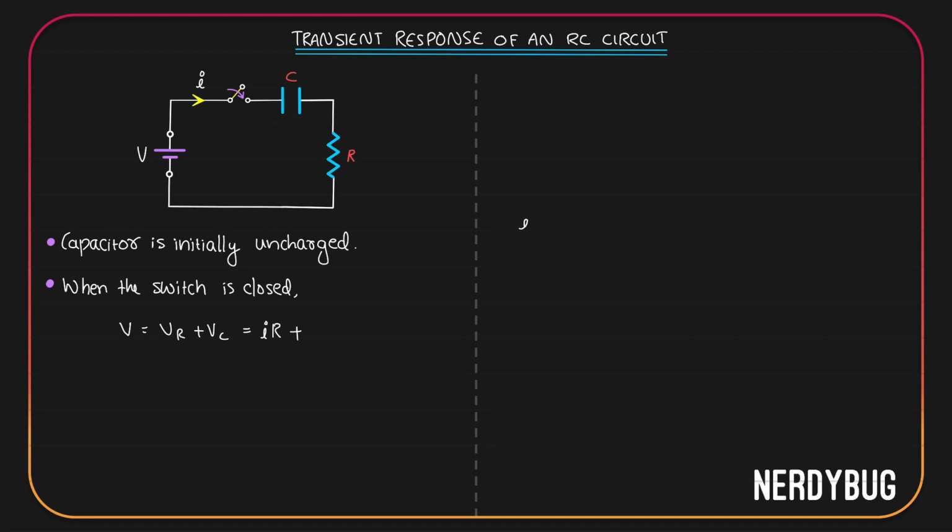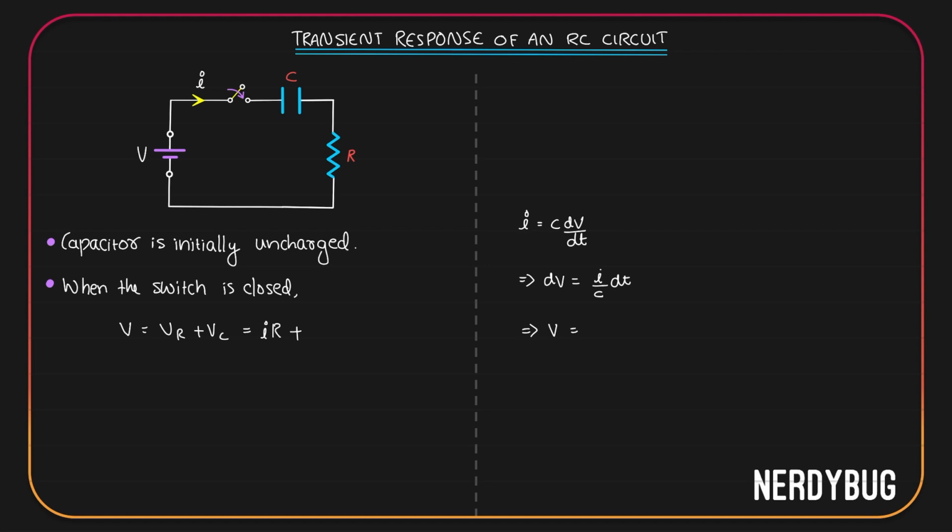We know current through a capacitor is given by C dV by dt. From here we can write dV is equal to I divided by C dt. Let's integrate on both sides. Integral of dV is V. This is equal to 1 by C, which is a constant.